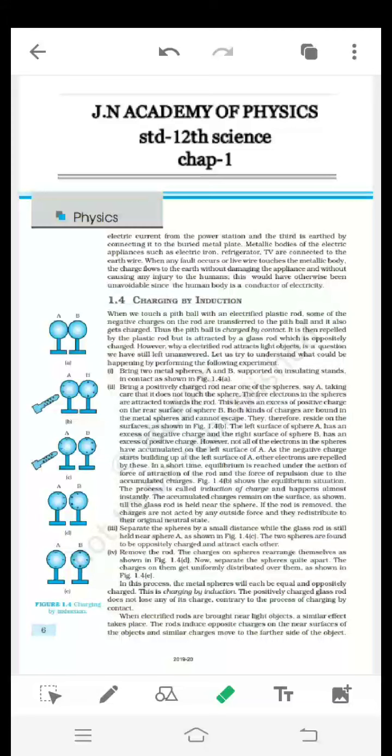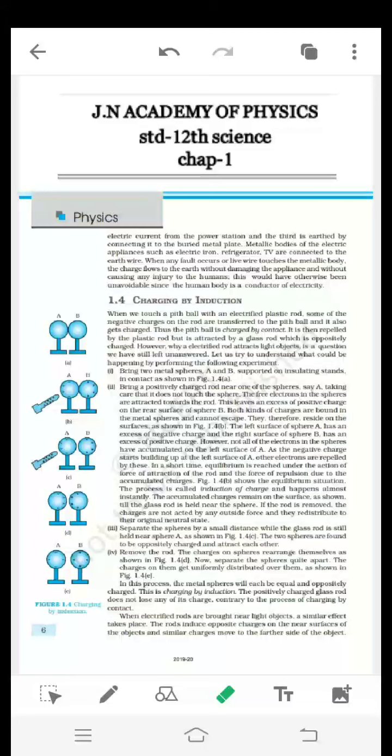Figure 1.4b shows the equilibrium situation. The process is called induction of charge and happens almost instantly.